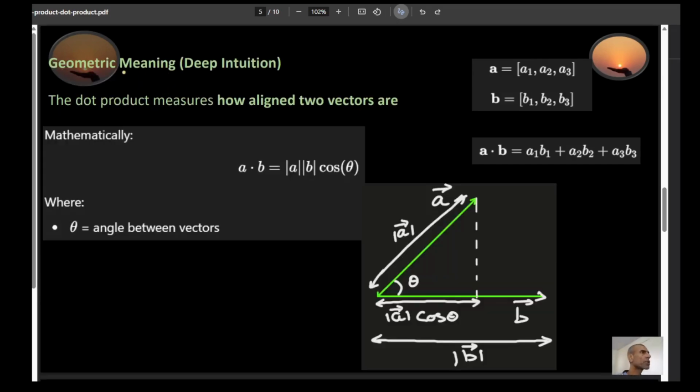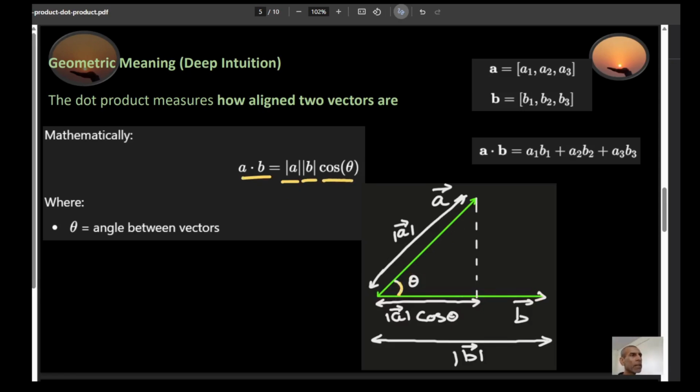And now let's try to understand the geometric meaning of a dot product. The dot product measures how aligned two vectors are. So suppose I have two vectors, vector A and vector B. This is my vector A right here, from here up to here. And this is my vector B from here to here. Now, what dot product does is A dot B would be equal to magnitude of A times magnitude of B times cos of the angle between them.